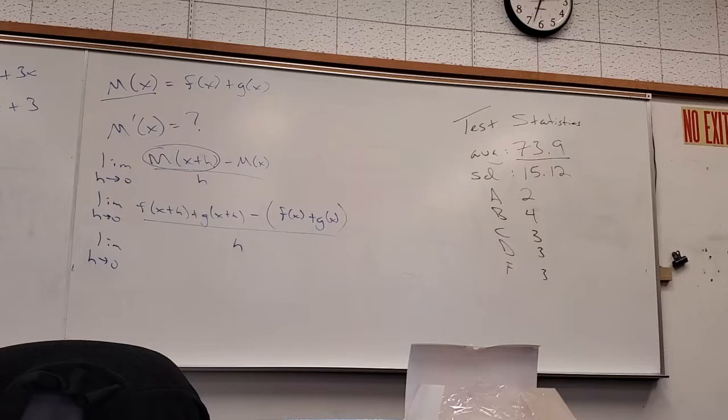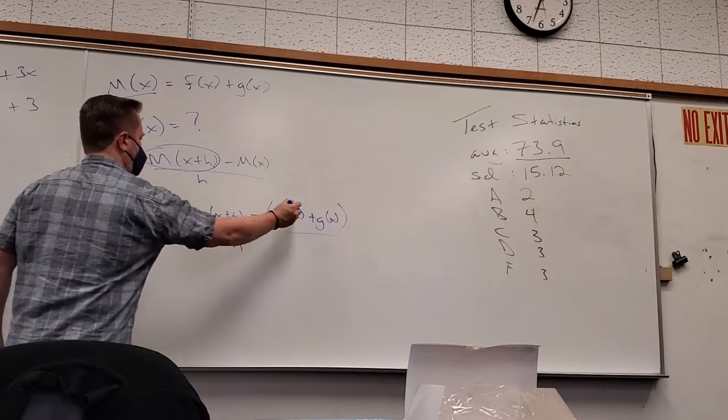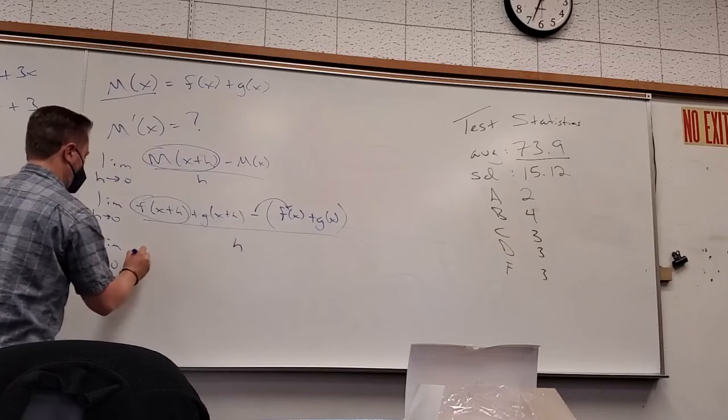Can anybody see f prime up there? F prime is hidden up there. F prime would be f of x plus h minus f of x over h. Do you guys see it? Here's f of x plus h, right? There's minus f of x.